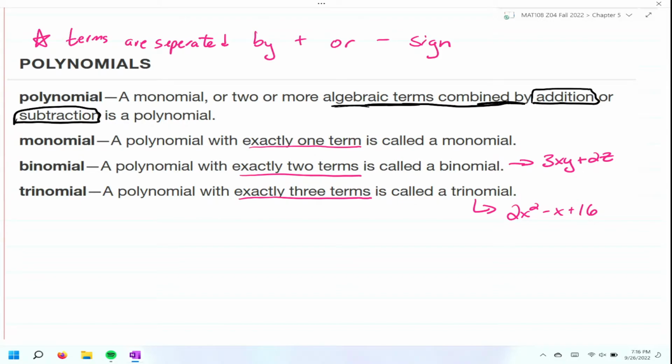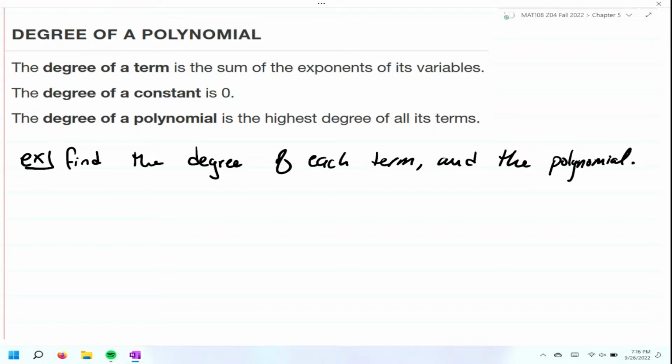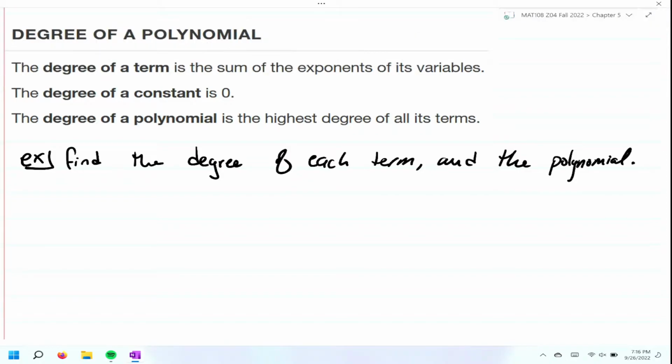All right? So now what we're going to do is learn how to define the degree of each term and the degree of the polynomial overall. Now I'm going to kind of do this backwards. So the degree of a polynomial is the highest degree of all of its terms. All right? Now, the degree of a constant is equal to 0.